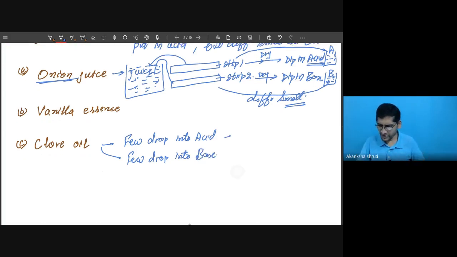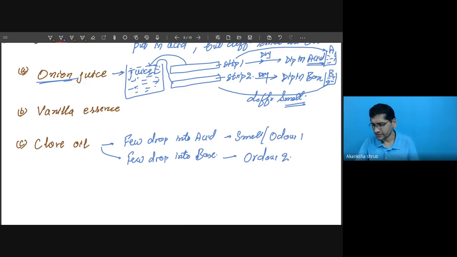Then you will observe the smell or odor generated. This is entirely different from that one. Or the fume generated will give a different smell. The vanilla essence can be put into acid and base and we can feel the essence. It is so simple.